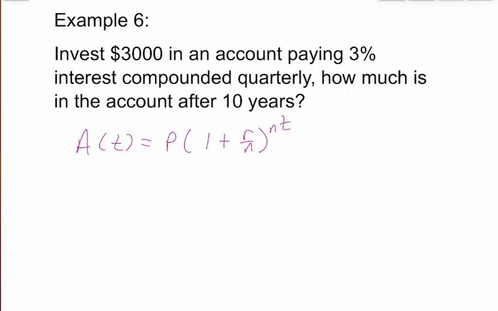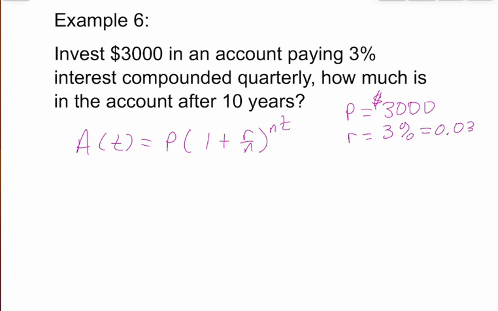Now you're going to need to know that formula, and you're going to need to know what each one of those things stands for. The P is our starting amount. In this case, we want to invest $3,000, so that's our starting amount. The rate is 3%, but in the formula we want to use the decimal equivalent, 0.03.